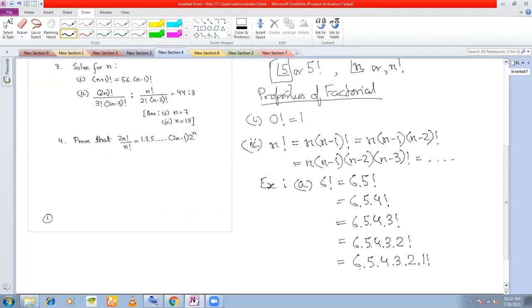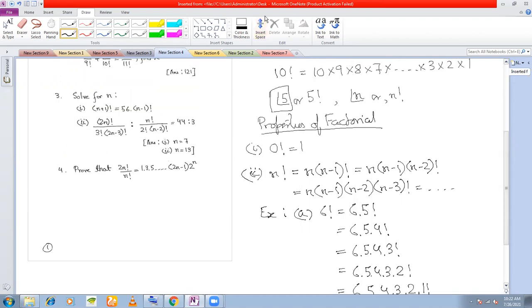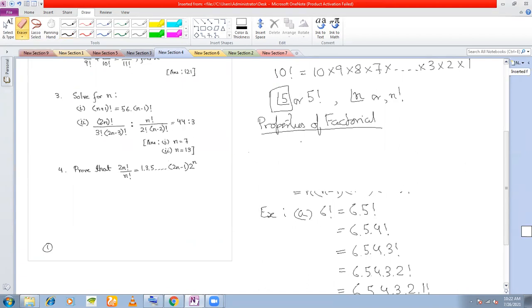Clear with this property? We shall be using this in our sums. I hope this is clear. Let's move on to the sums now, based on these properties.